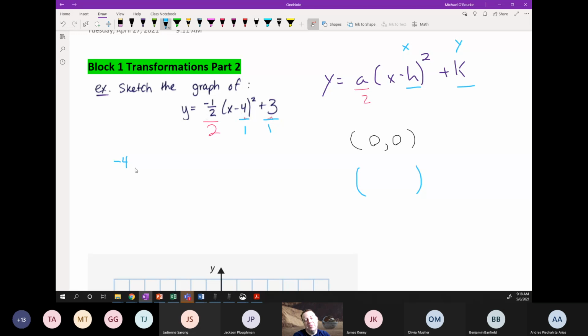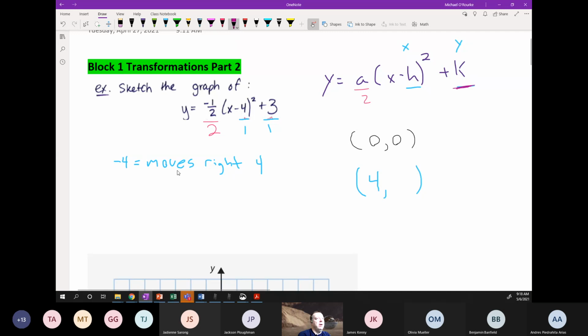If you forgot it, where's your notes to self trans? Good. -4 means it moves right 4. Okay. So what that means is my vertex, the x value, is going to be 4 positive.